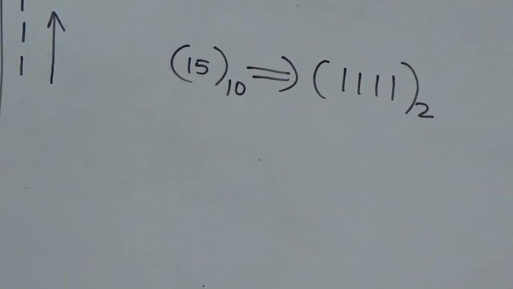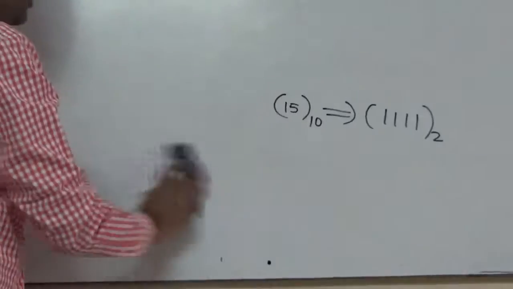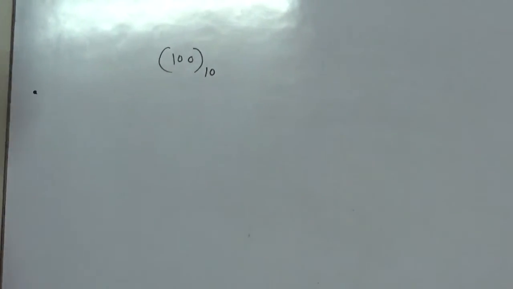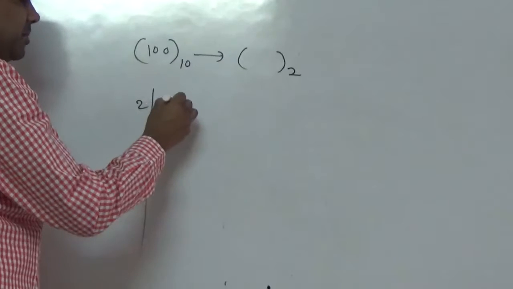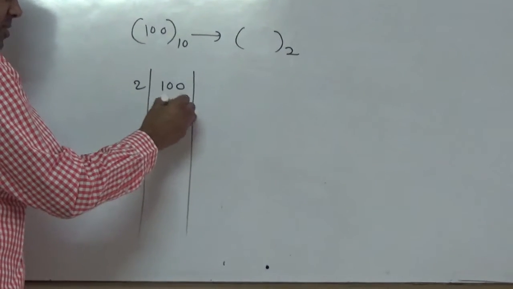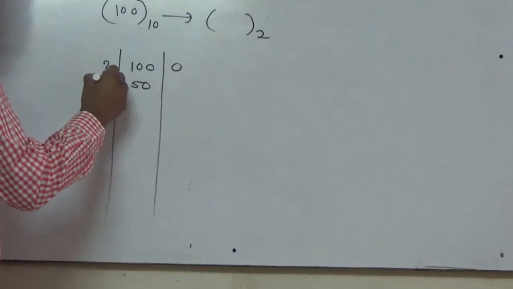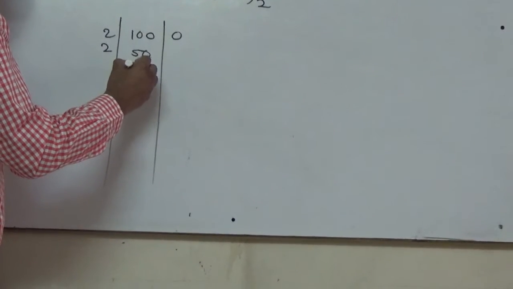We will take one more example where we convert another number from decimal to binary. Suppose I have 100, this is in decimal. I will have to convert it into binary. Again I will go on dividing by 2. The remainder is 0, the quotient is 50, remainder is 0. Then if you divide it by 2, you get 25, remainder is 0.